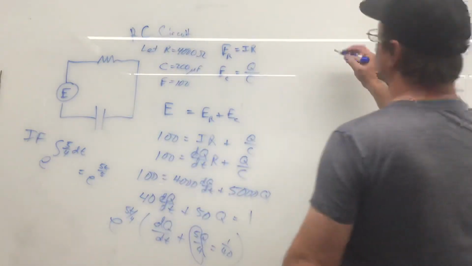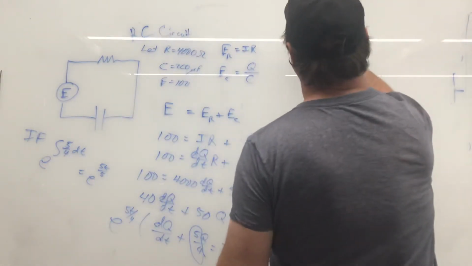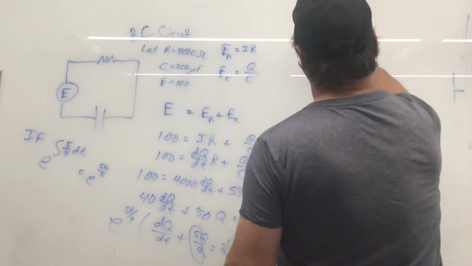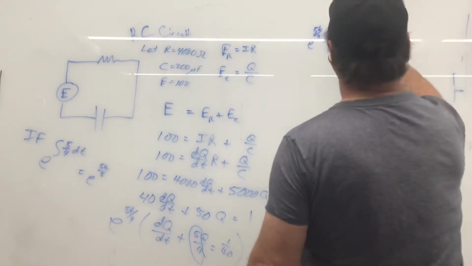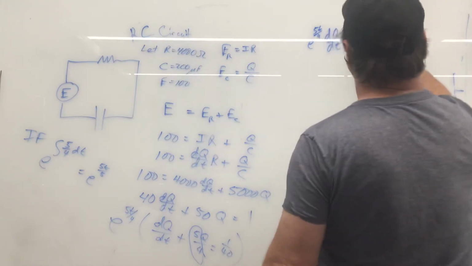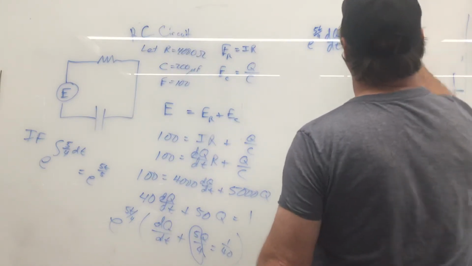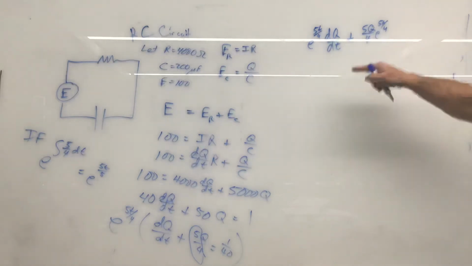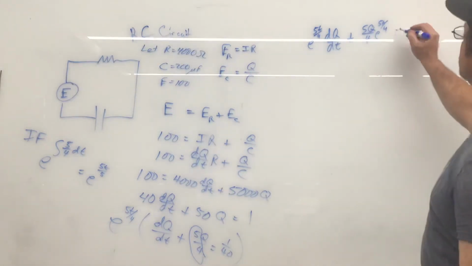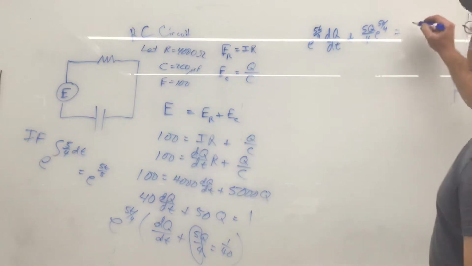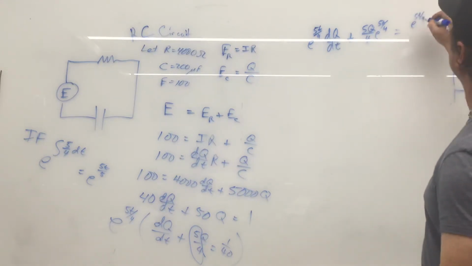I do that multiplication, and as happens in every one of these cases, I've got e to the 5t over 4 dQ dt plus 5Q over 4 e to the 5t over 4. And we can see that those are, again, going to be a derivative of a product here. And on the right hand side, just e to the 5t over 4 over 40.